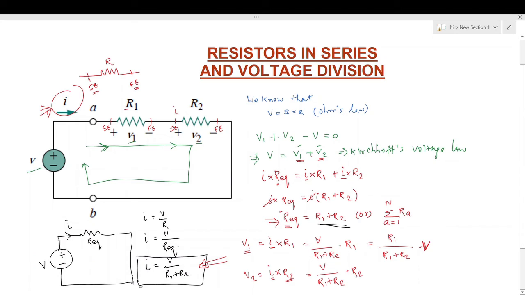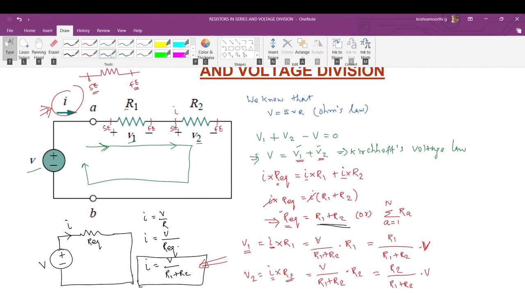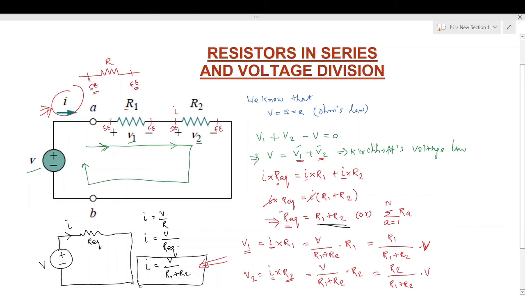If we move this resistance value to one side, we will get R2 divided by R1 plus R2 into V. From these two equations, we see this is the common term, the variation is only R1 and R2.